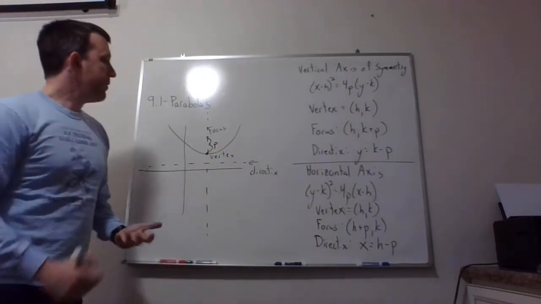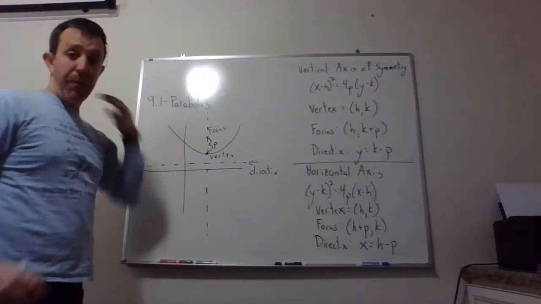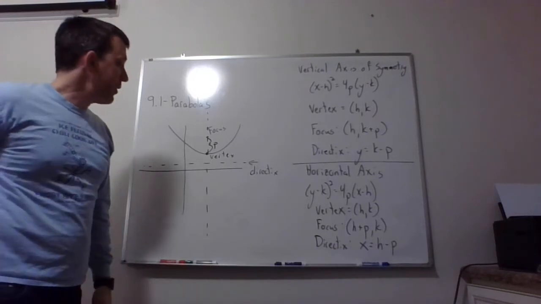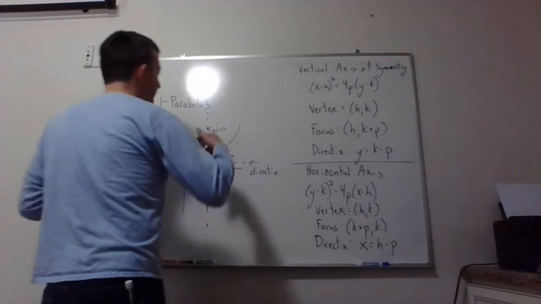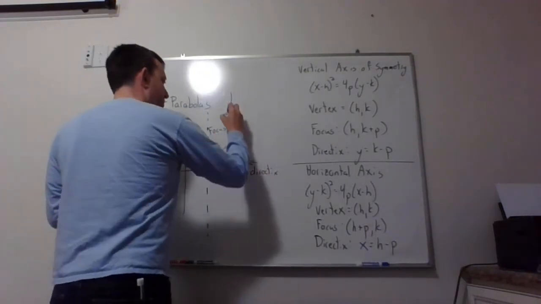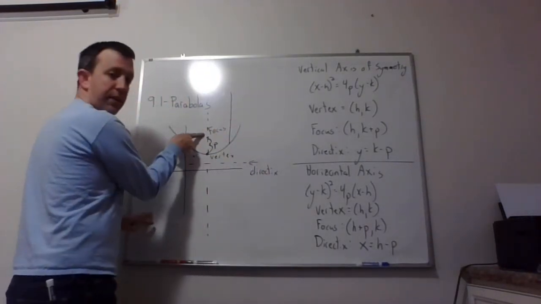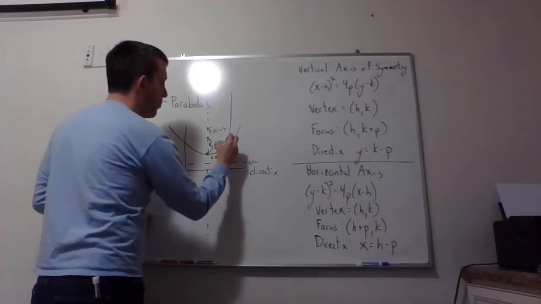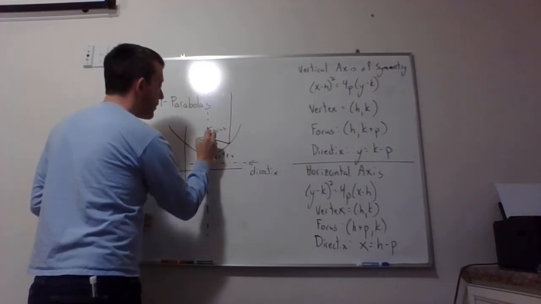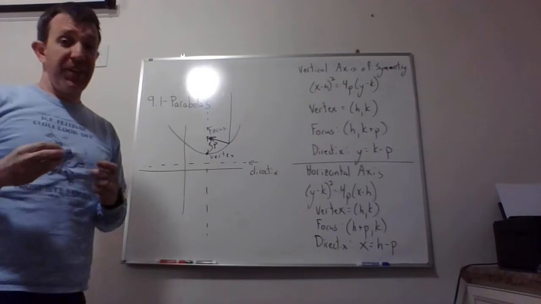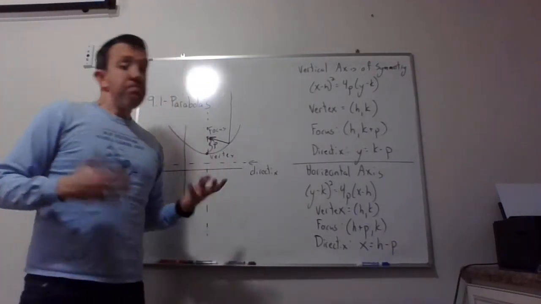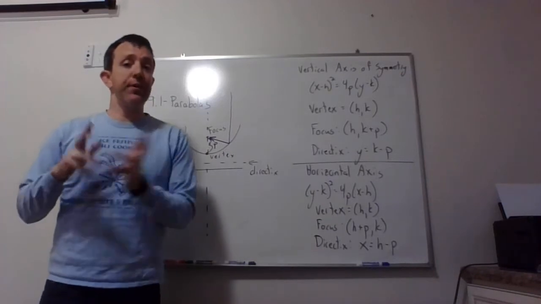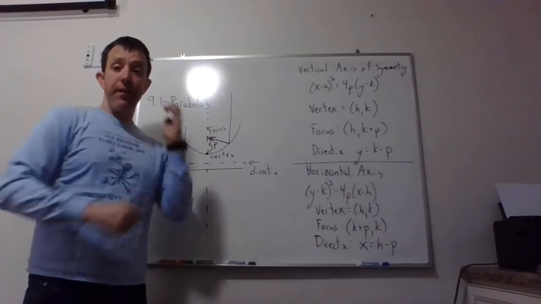So here's an interesting thing about parabolas and a really pretty slick use of them. Anything that enters a parabola, if it is parallel to the axis of symmetry, will be reflected to the focus. And you're like, okay, and how is that cool? Well, for all of you at home with satellite dishes, this is how they work.